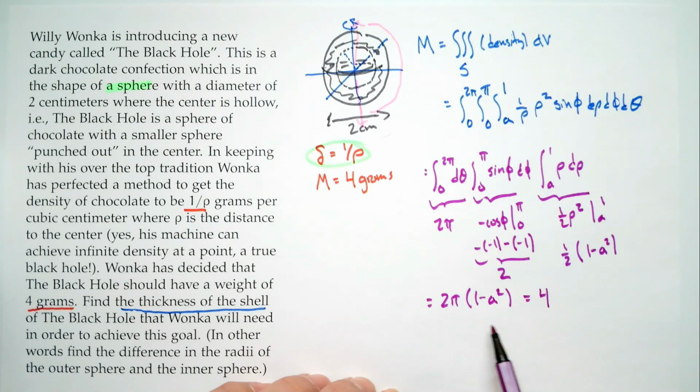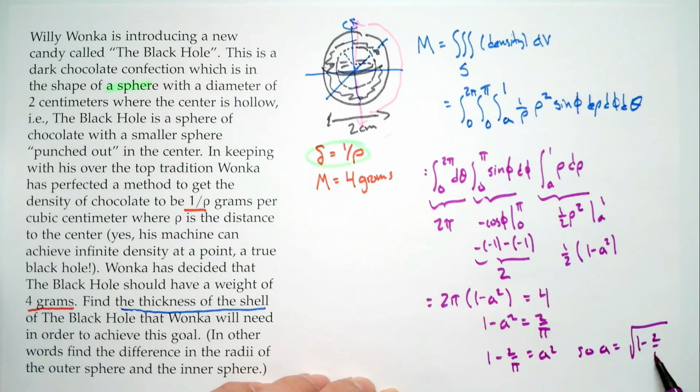So this is great. 1 minus a squared is 4 divided by 2 pi. That's 2 over pi. And then we move stuff around. We get that 1 minus 2 over pi equals a squared. So a is equal to the square root of 1 minus 2 over pi. We don't need the negative because a is measuring the distance out.